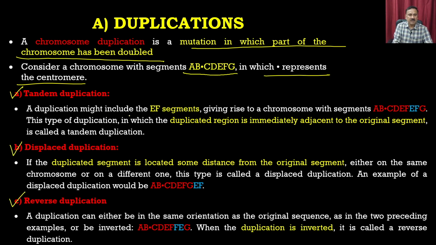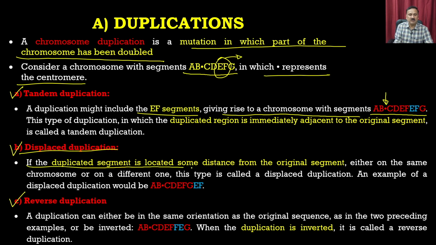In a tandem duplication, the duplication might include the EF segment, giving rise to a chromosome with segments like A, B, C, D, E, F, E, F, G. So this segment gets doubled, and you have a chromosome like this, with the centromere here.